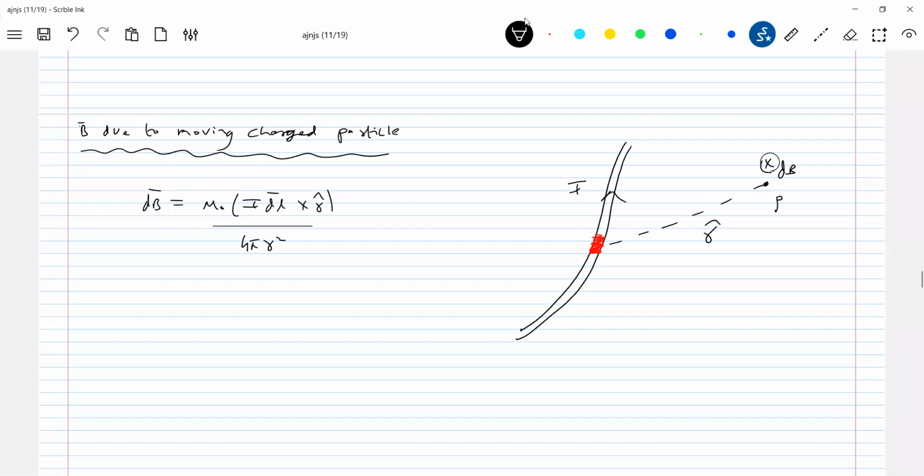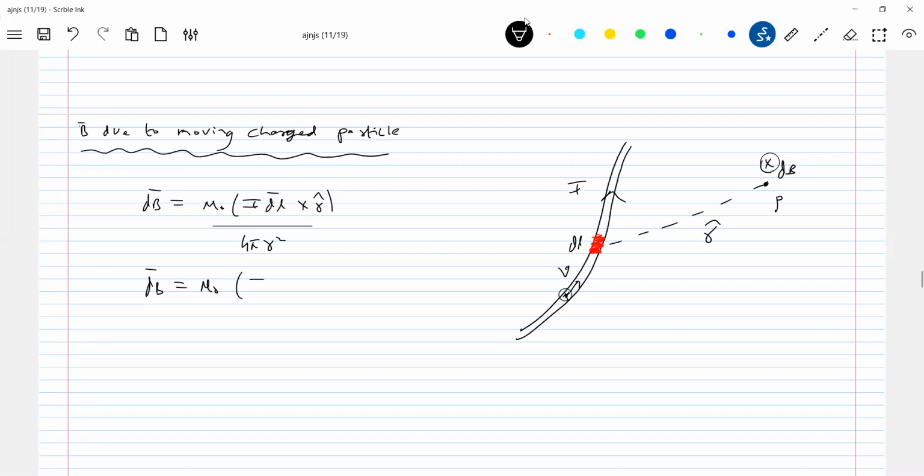So what is that current I? Can we write dq by dt? And dl is this one. Actually, who will flow? Say some positive charge is going to flow here with a speed v. So the same formula, I'll modify it.